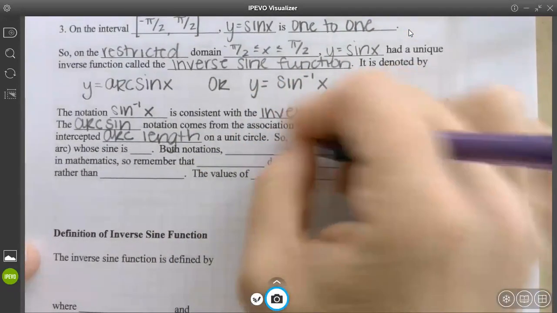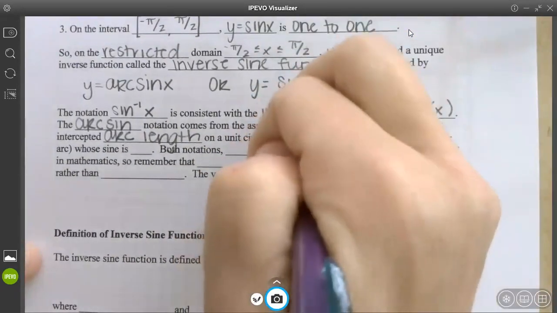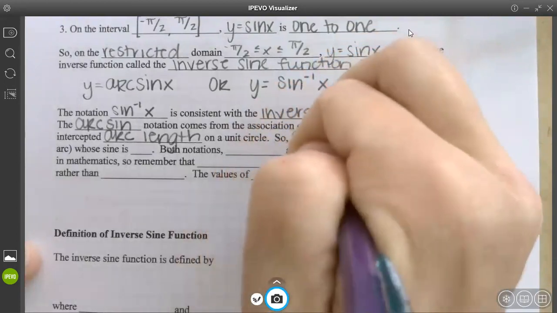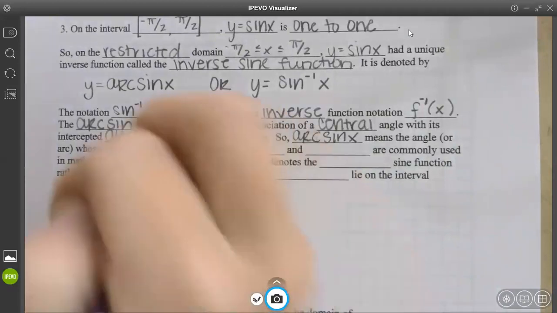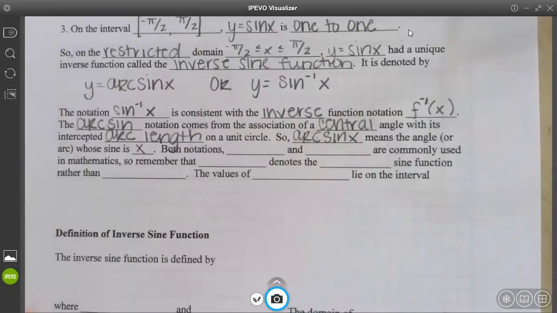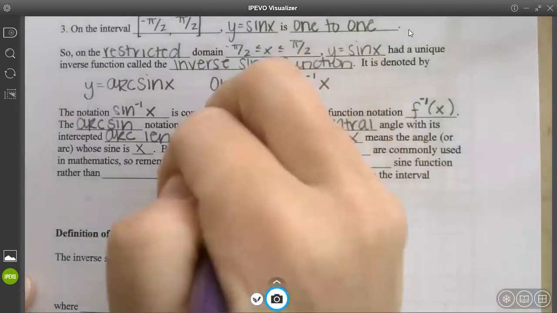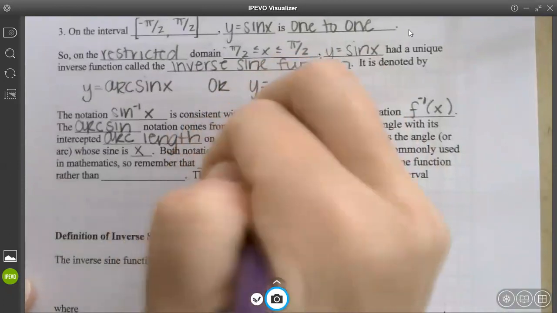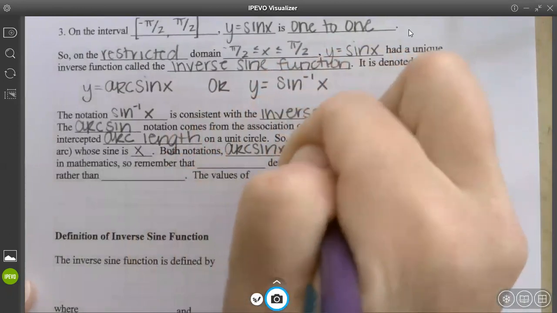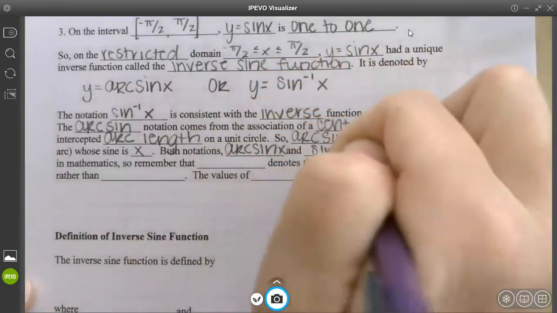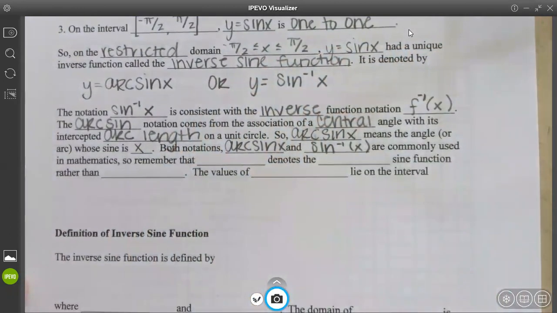So arc sine x means the angle or arc whose sine is x. Both of those notations, I'm going to rewrite them again, arc sine x and sine inverse x, are commonly used in mathematics.